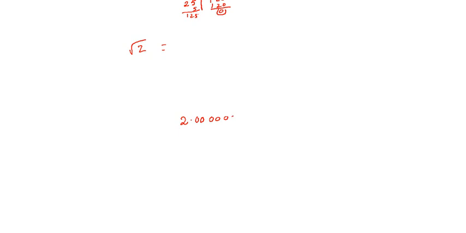Why are we doing it like this? Because 2 is not a perfect square. In the previous one, 4 is a perfect square, so it was easy for us to find. Now it is not easy.